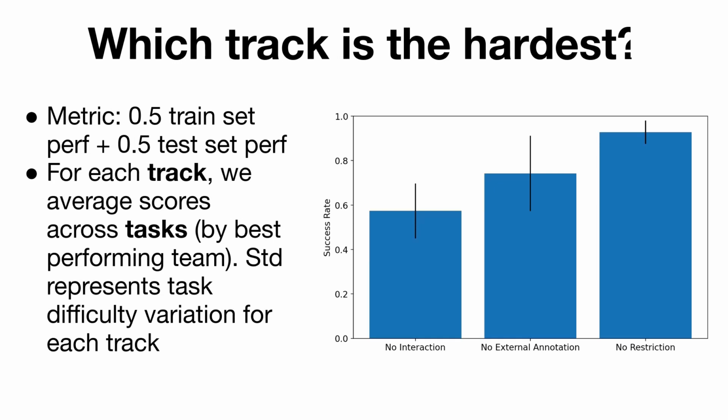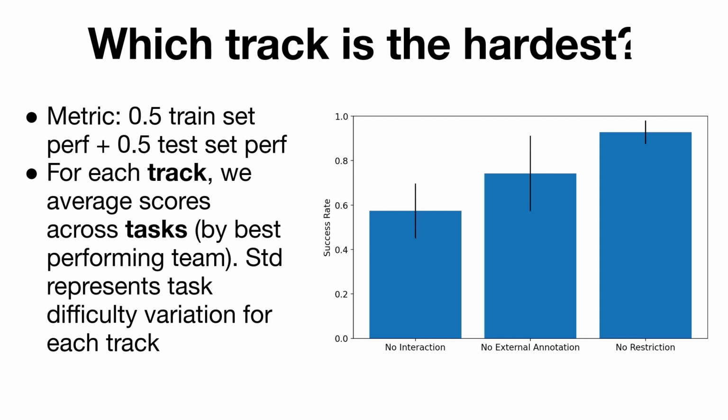Next, let me summarize the major results from the ManiSkill Challenge 2021. Let's first check which track is the most difficult. Consider that even learning policies on the training set is challenging. We use a metric averaging the training set performance and test set performance, giving each 50% weight.